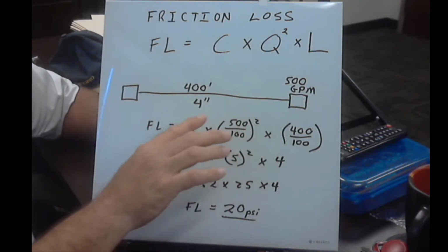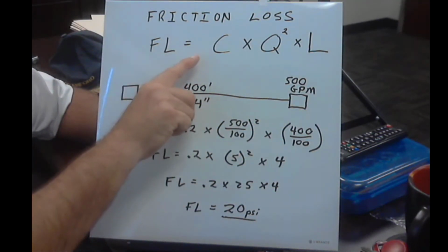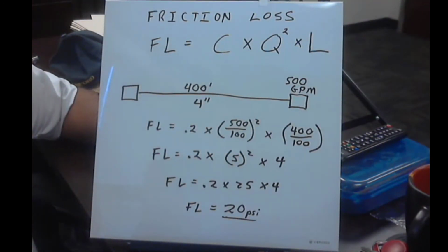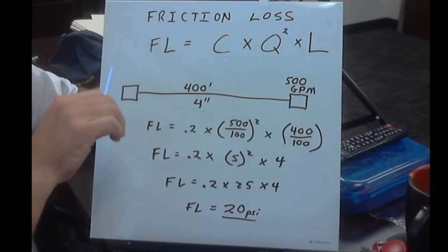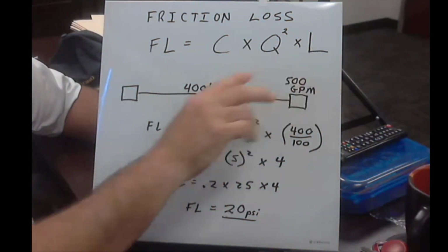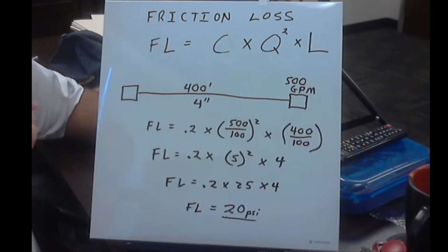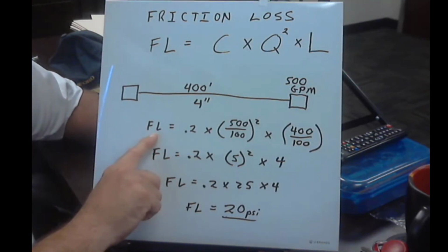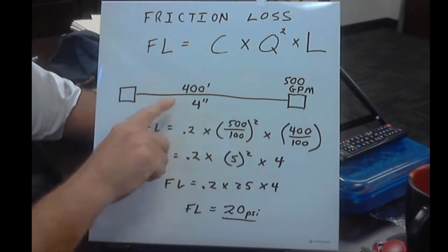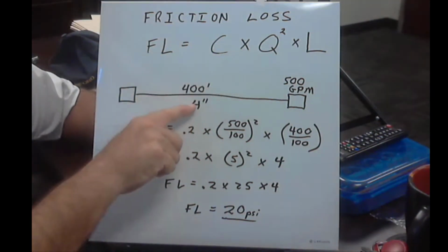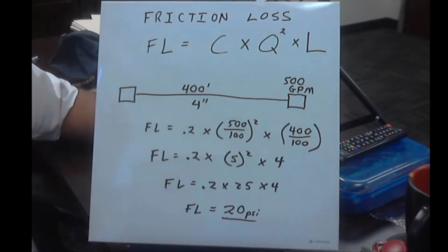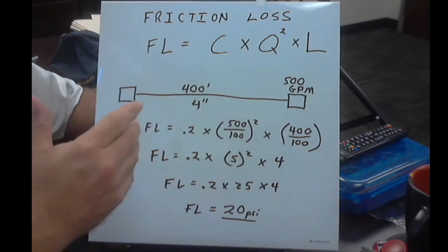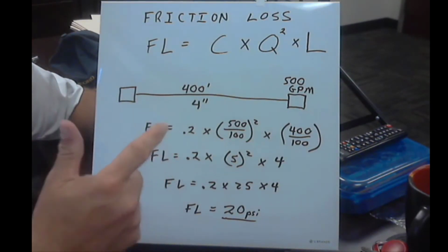We simply use our formula, friction loss, which equals coefficient of the hose we're using, times the quantity divided by 100 squared, times the lengths of hose for every 100 feet of hose used. Let's plug that in. Friction loss equals, if we look up the coefficient for 4-inch hose on our table, if it's not on our specific table, we would have to look at the manufacturer or some of the generic tables that are out there or in your textbook.